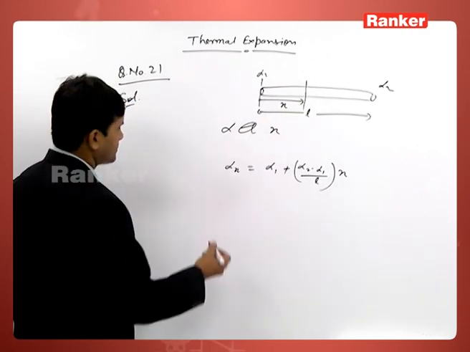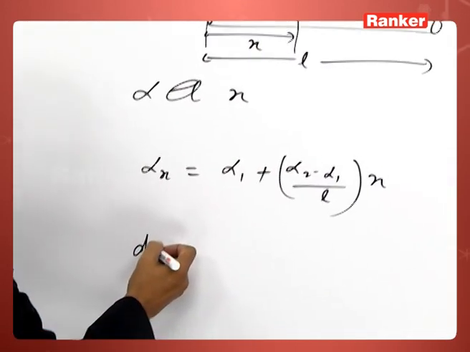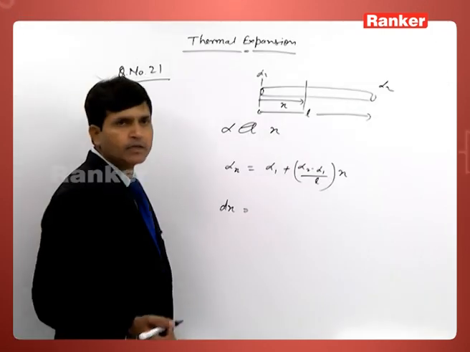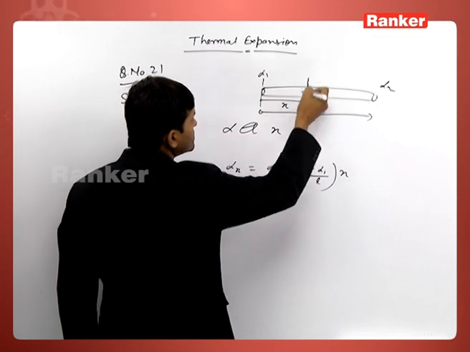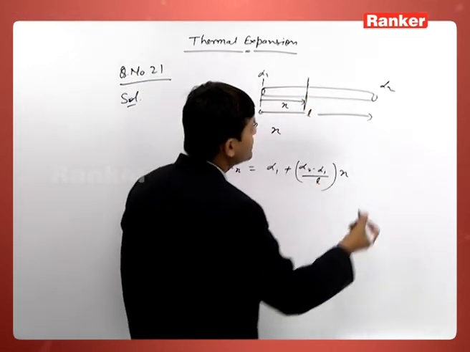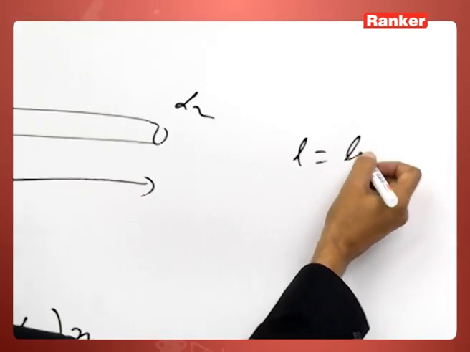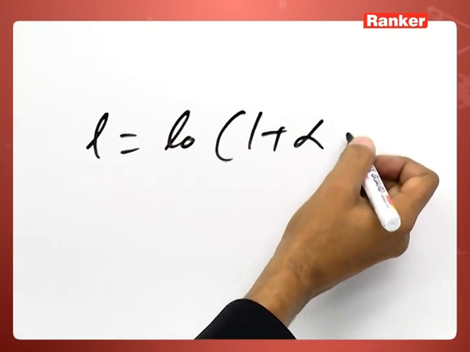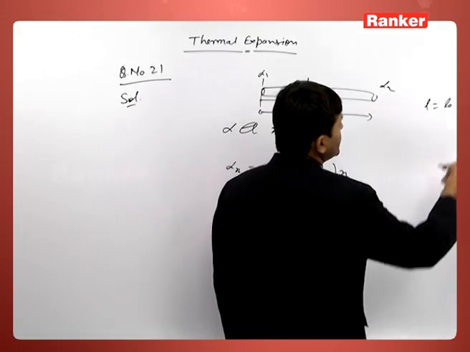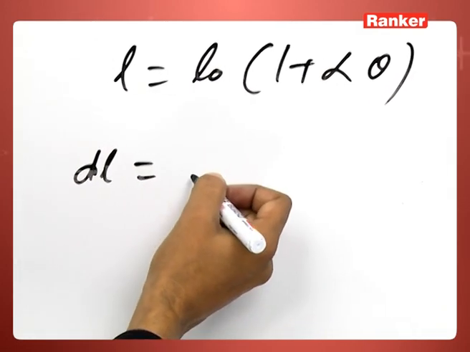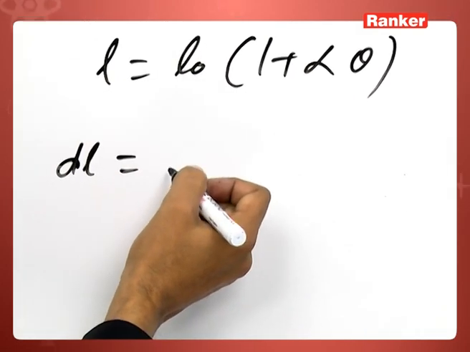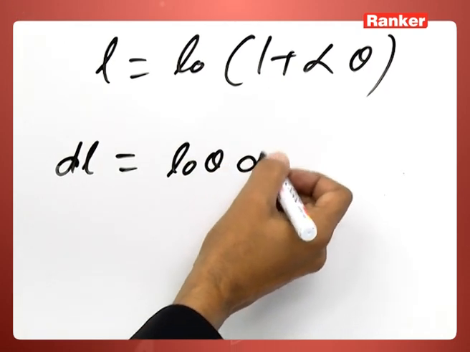So here, in the element dx, the change in length dl, as we know L is equal to L naught into 1 plus alpha theta. If alpha changes, then dl is equal to L naught theta d alpha.